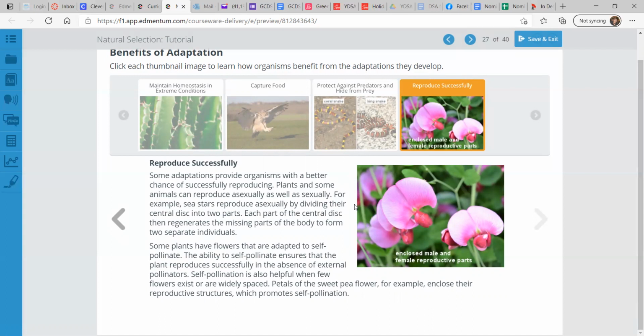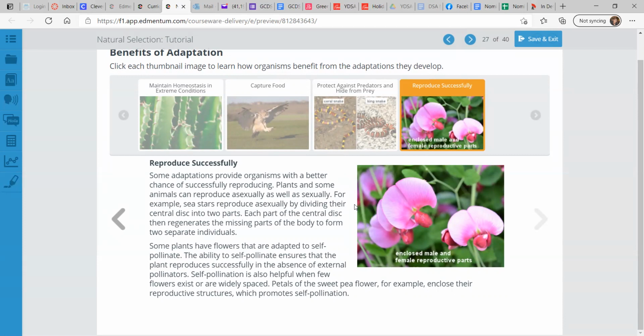For example, sea stars reproduce asexually. They do not need another sex partner to reproduce. They can do it all on their own by dividing their central disc into two parts. Each part of the central disc then regenerates the missing parts of the body to form two separate individuals.